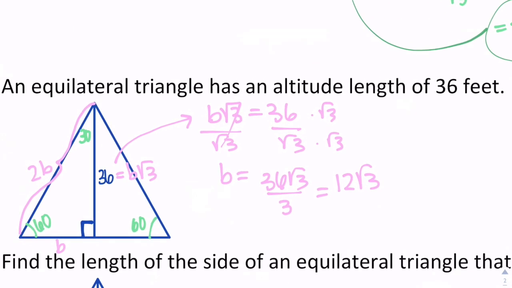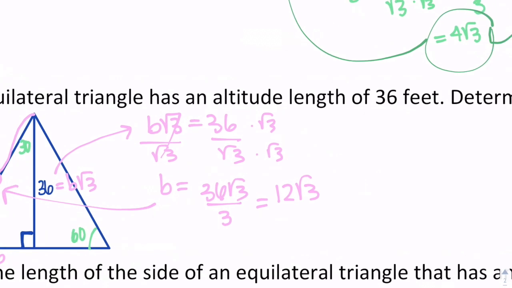So if that's what b is, then the side length is 2b. So my side length is 2 times 12 root 3, which is 24 root 3.